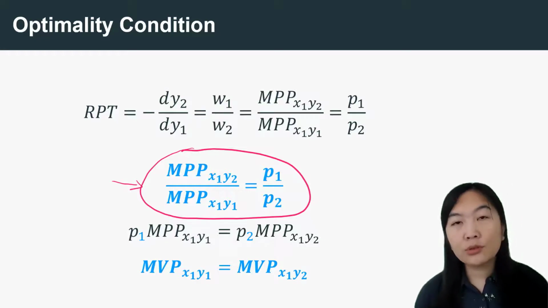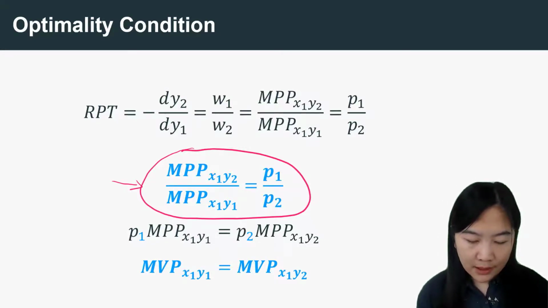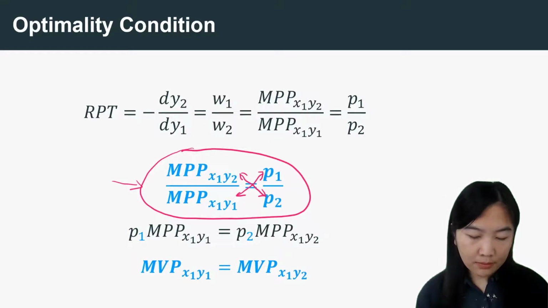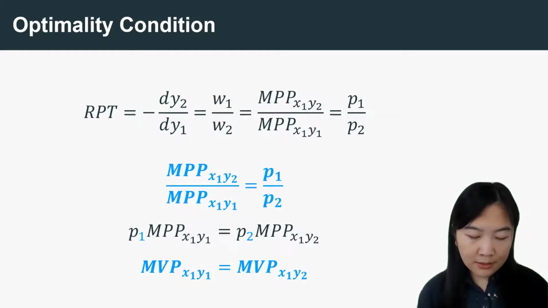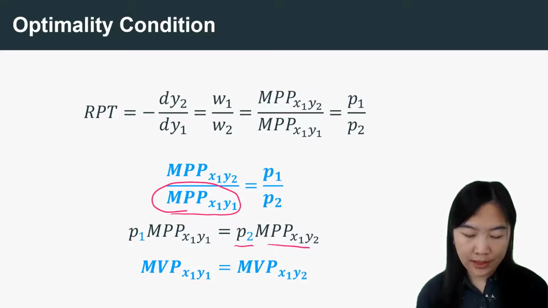We can rearrange the terms of this condition. Given the equality condition there, we will know that P1 times MPP x1 y1 equals P2 times MPP x1 y2.